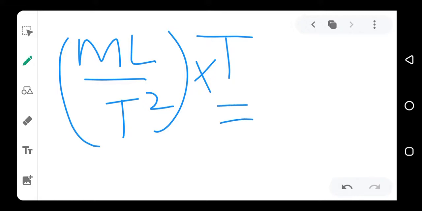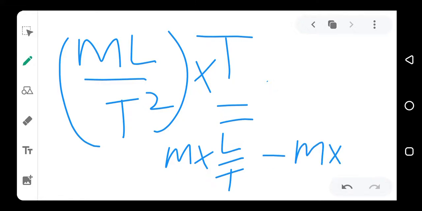This is equal to mv, where v is L over t, minus mu. That is mass and final velocity, minus mass times initial velocity, the same thing.